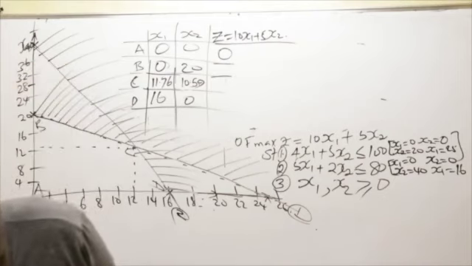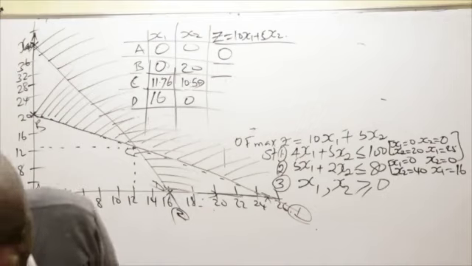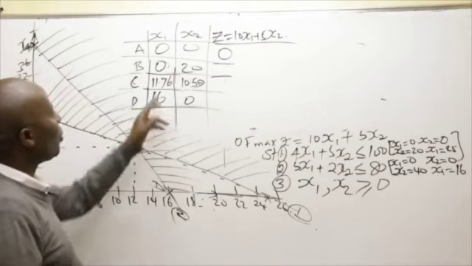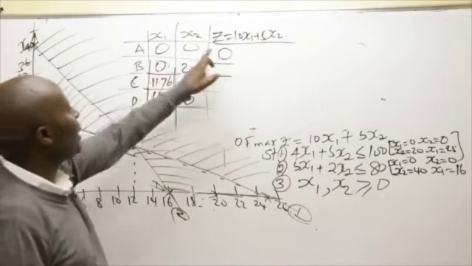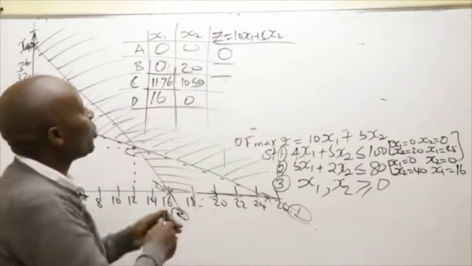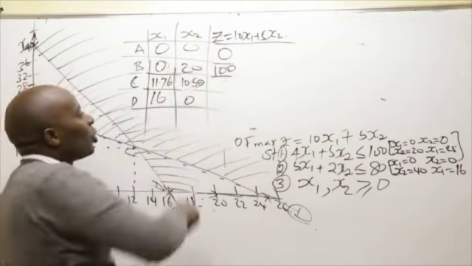I'm being given a figure of 100 by Fidelis and Juliet. They are telling me that at corner B, z will be 10 times 0 plus 5 times 20. So 100, you're right. How about corner C?